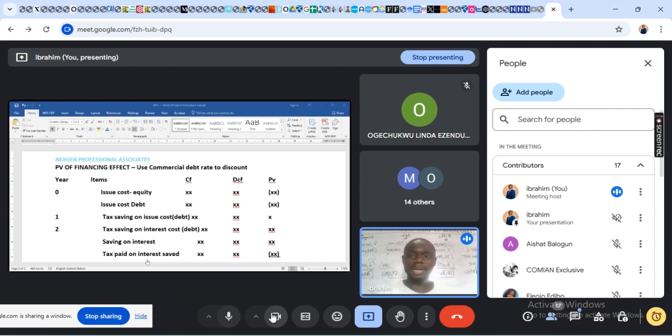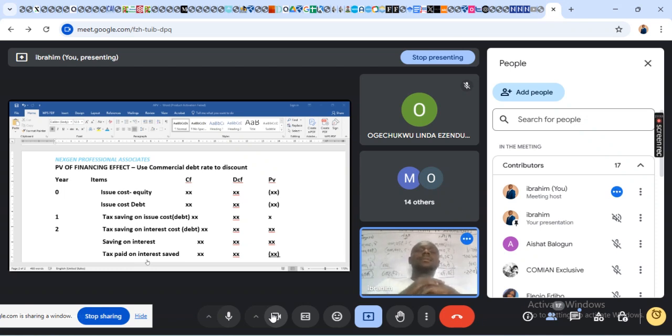You want to buy a bond, debt instruments. In the process, you have to pay an issue cost, class. So it is assumed that the project is yet to start, so it is at year zero. Then the DCF you will use to discount is the commercial rate because it is a financing effect. It considers all sources of finance.